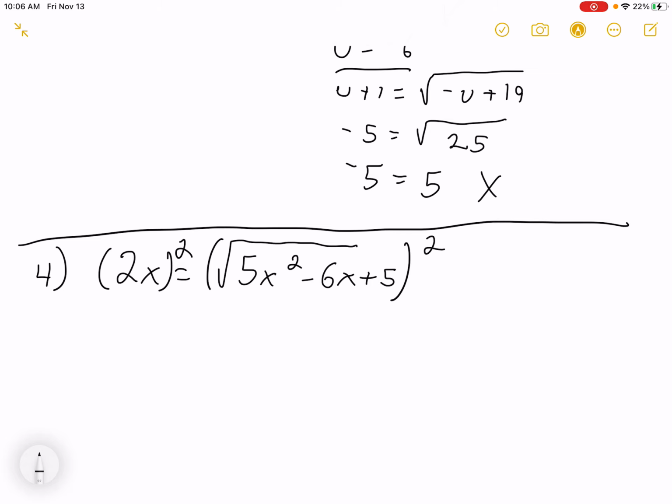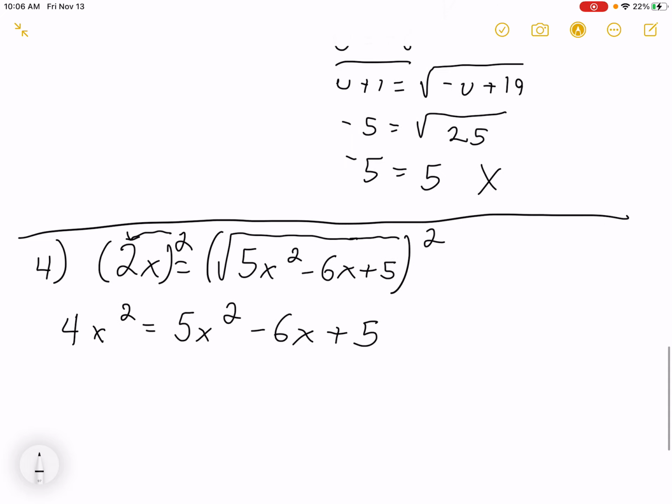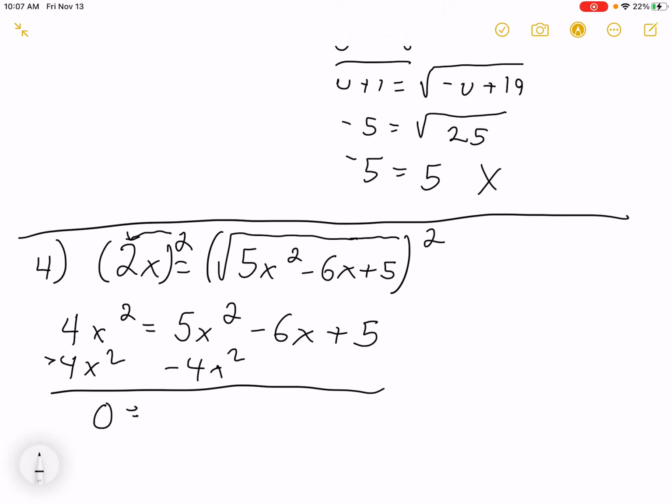Parentheses 2x squared: the 2 is going to get squared, 2 squared is 4, x is going to get squared, so that's just x squared, equals the right side. Again, the square root and square will cancel each other, so we have 5x squared minus 6x plus 5. Okay, I'm going to move the 4x squared to the right, so the left side will be 0, and we won't have a negative leading coefficient.